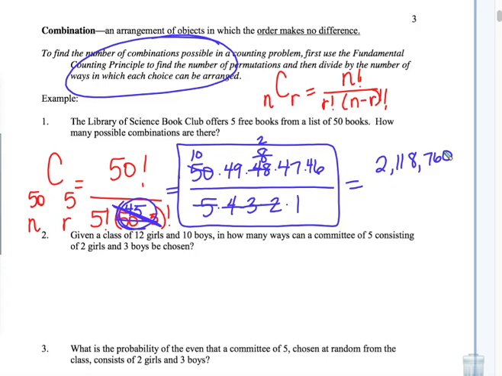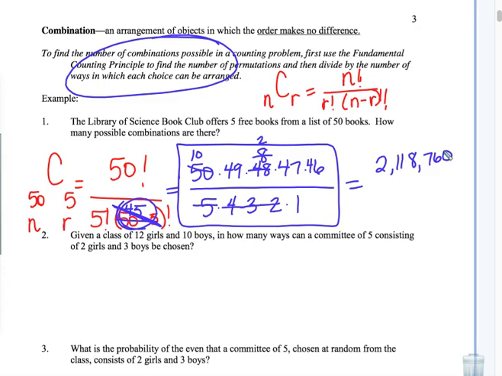All right, next one. Given a class of 12 girls and 10 boys, how many ways can a committee of 5, where we want 2 girls and 3 boys making up this committee of 5, be formed? I have 12 girls to choose from, but I'm choosing 2. I have 10 boys to choose from, so I'm choosing 3. So basically, I'm getting a combination of the girls and a combination of the boys, and then I'm going to have to put the 2 together to make the 5.